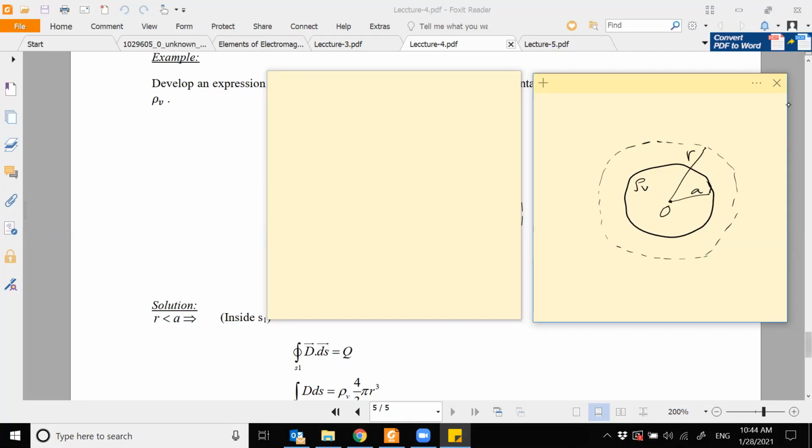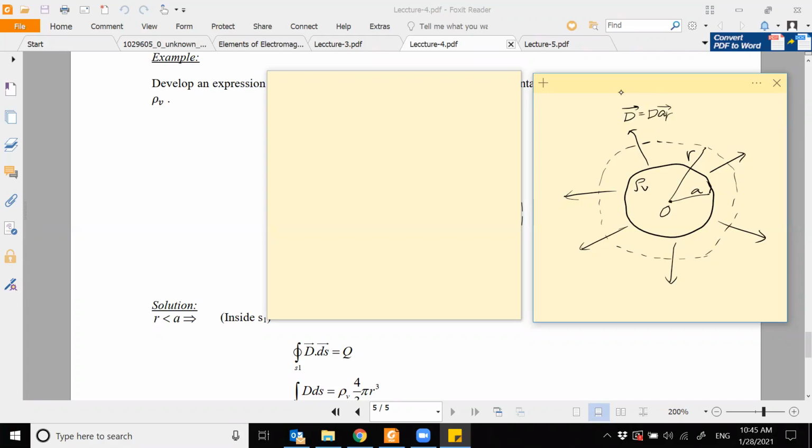Its electric field will be pointing outwards, going away. So your D bar will be a function of D times AR. The field will be radial. So this is the information that I got. Now we need to find this unknown D.